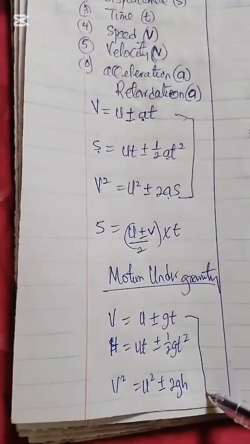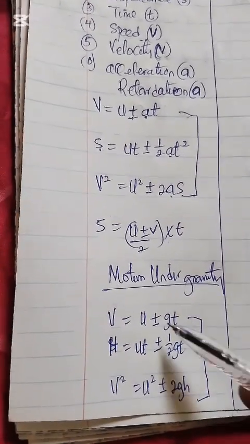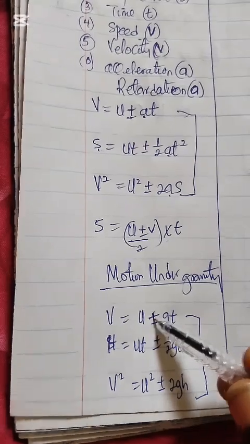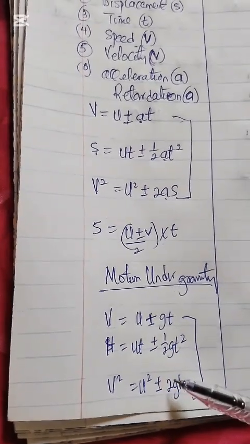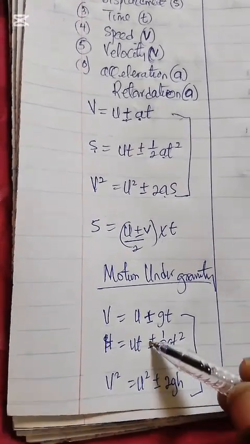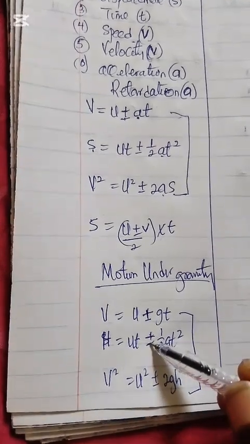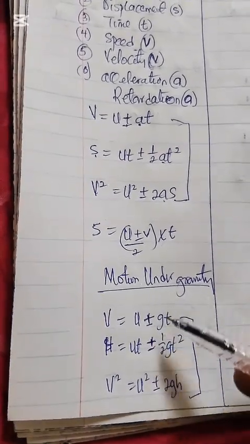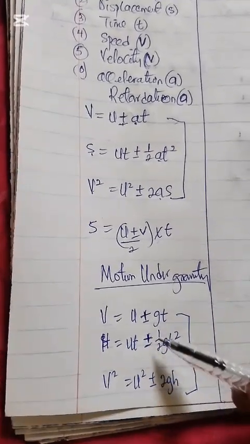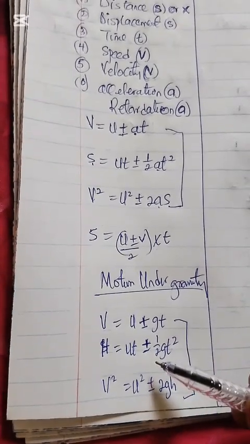So these are the equations for motion under gravity. We use plus if the object is falling down, which is, the object is accelerating. Then we use minus if the object is thrown upward, that is retardating. So that is how these equations are being used.